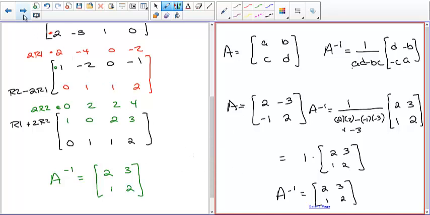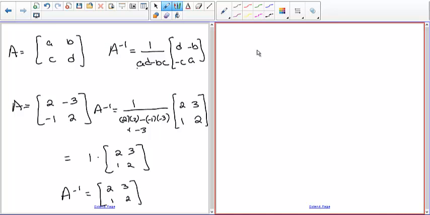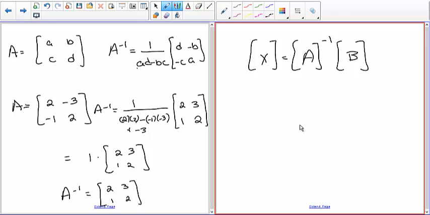So now to find the solution matrix, what you do is you take the A inverse of the A matrix, which we just did, multiplied by the B matrix. So we know what the inverse matrix is. It's 2, 3, 1, 2.